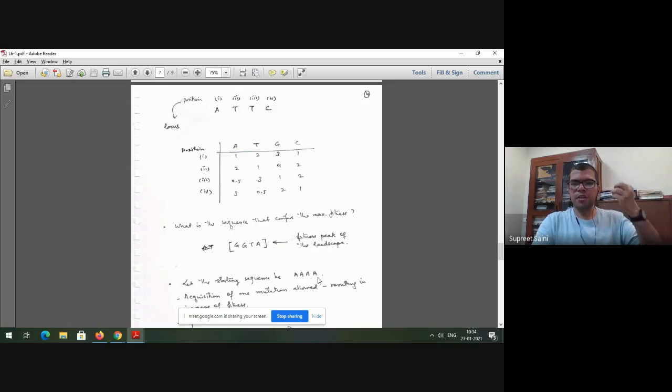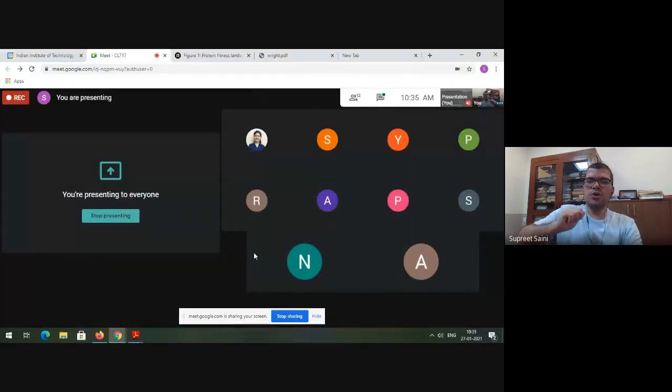And that will always be true till you reach the fittest sequence, GGTA. As a consequence, irrespective of your starting sequence, you will always end up at GGTA if you play this game of picking up one mutation at a time, as long as it takes you to a greater fitness than you are currently at.